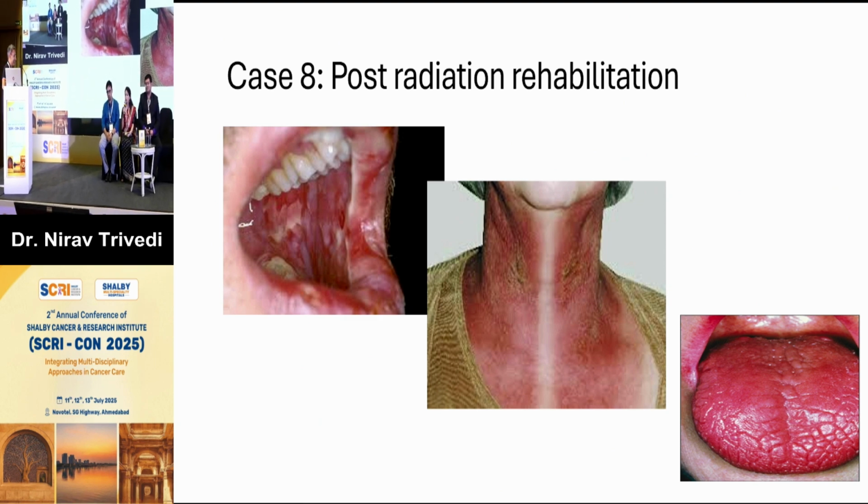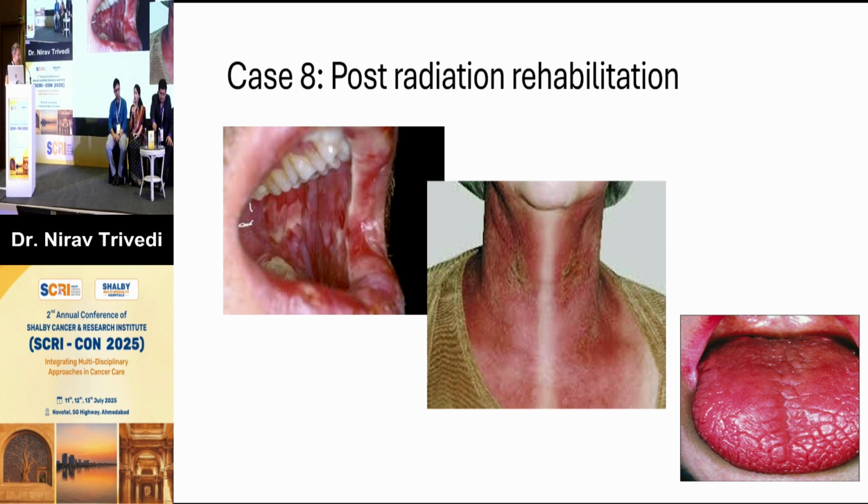So the first two, mucositis and dermatitis, are more like acute reactions rather than late post-radiation complications. Mucositis we usually manage with topical agents, and if required, in grade 3 mucositis like this, we add analgesics also. In dermatitis, we also use topical agents, creams containing aloe vera.